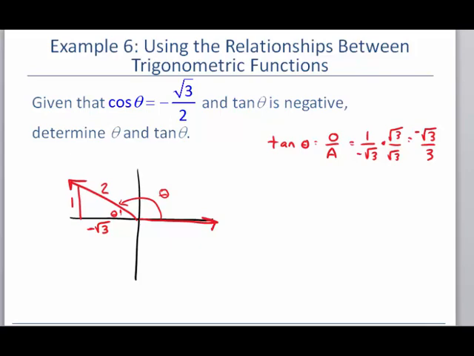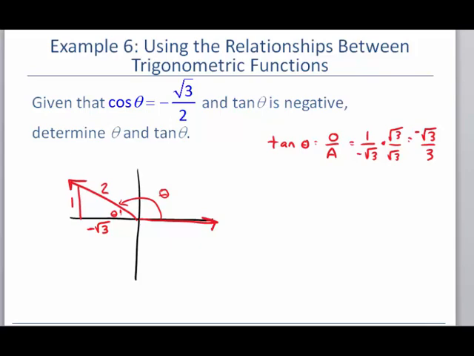Now, the other part of this problem is asking us to determine what the angle theta is. Hopefully by this point you recognize the sides on the triangle that we drew as common to that of a 30, 60, 90 degree triangle. And so we can go ahead then and say that this is our 30-degree angle inside the triangle across from the 1.